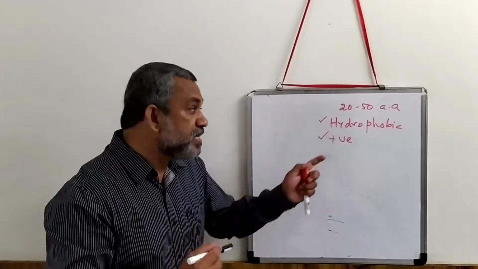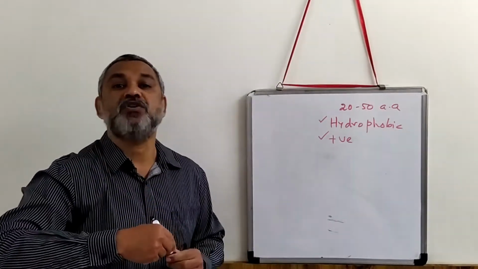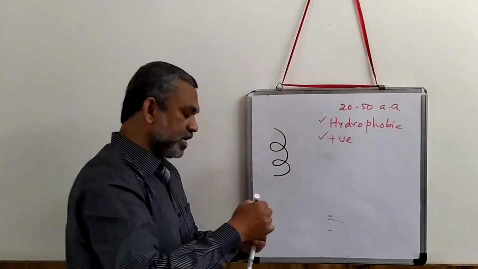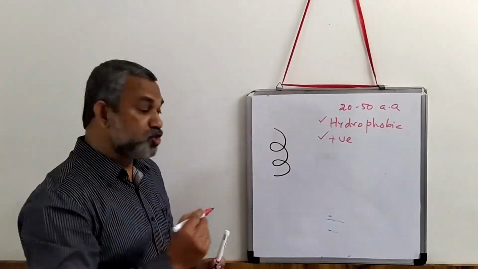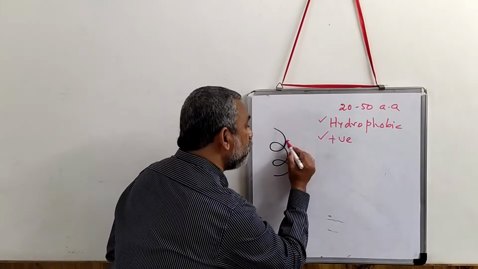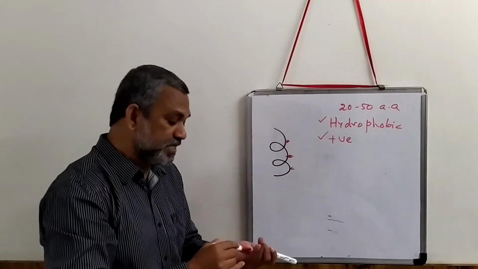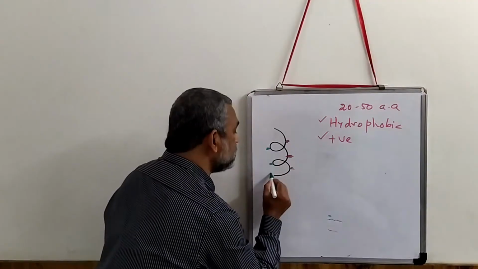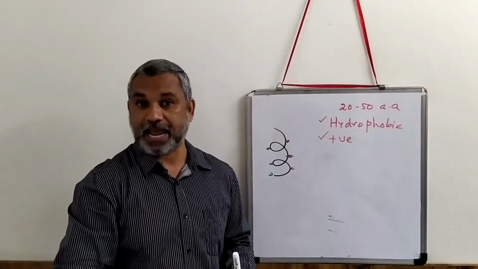And this signal normally forms an alpha helical structure. In the alpha helical structure, again what was the observation? The hydrophobic amino acids are on one side and the positively charged amino acids are on the other side.